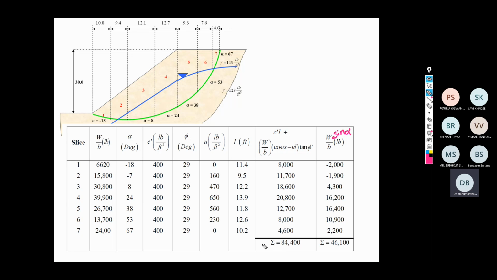Okay, so at the end, take the summation of everything. So once this is known, now factor of safety is nothing but this divided by this, that's it.